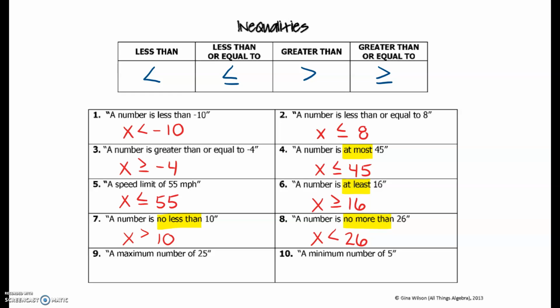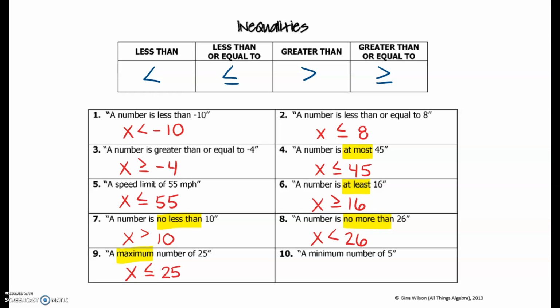Now in number 9, we're comparing between 9 and 10, a maximum and a minimum. In number 9, a maximum number of 25 means that the number cannot be any bigger than 25. So x has to be less than or equal to 25.